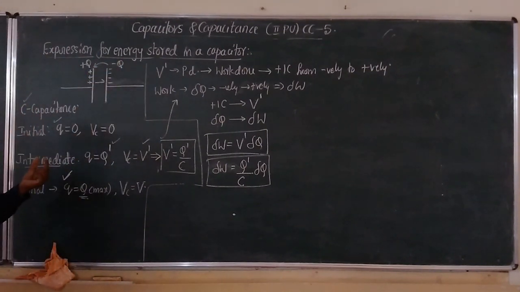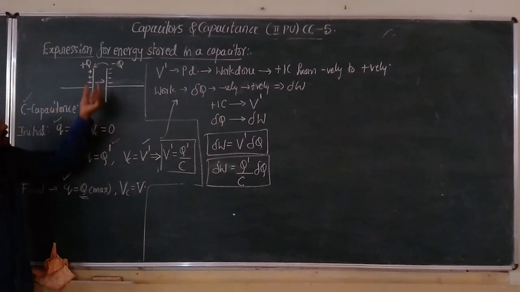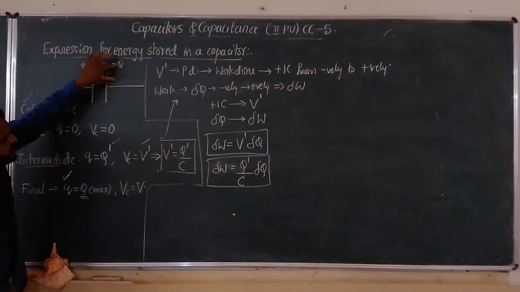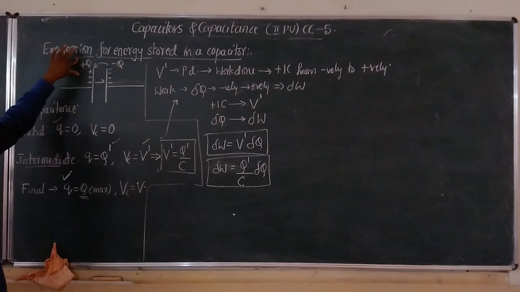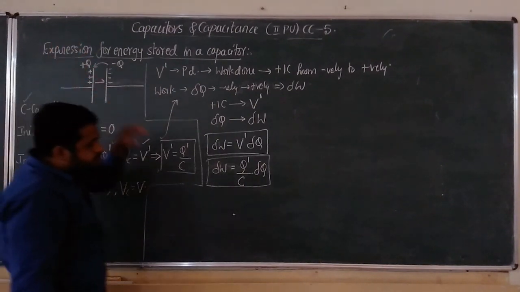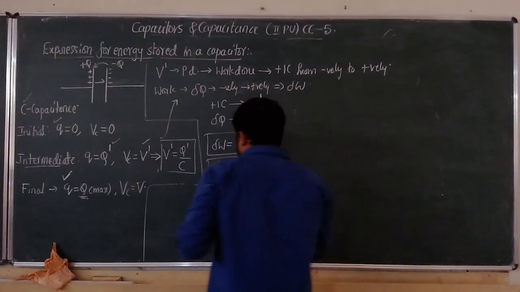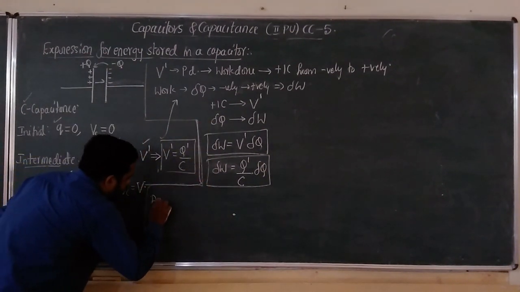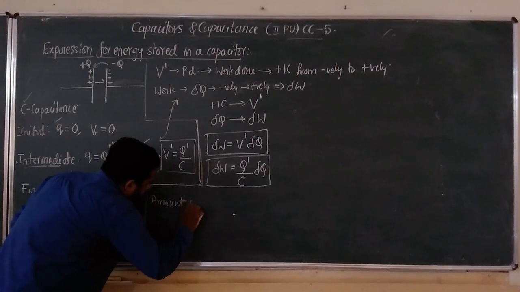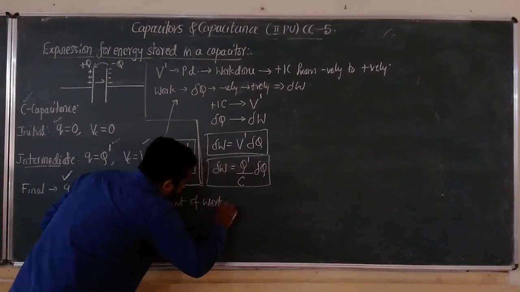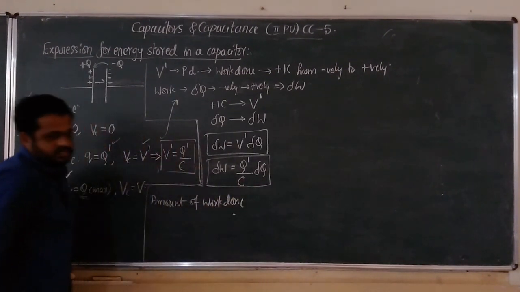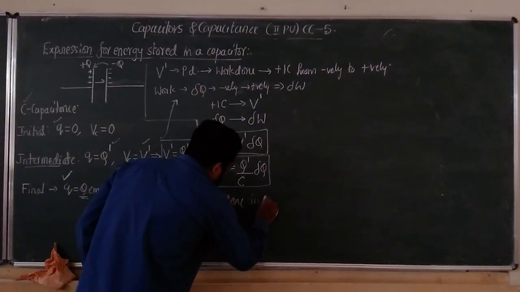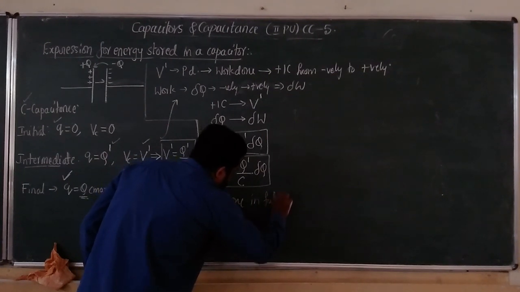In the charging process, the external battery will transfer a charge of magnitude Q from the negative plate to the positive plate. Okay. So in that process, I'll write here, the amount of work done by the external supply, the external battery because it charges the capacitor, the amount of work done in fully charging the capacitor.